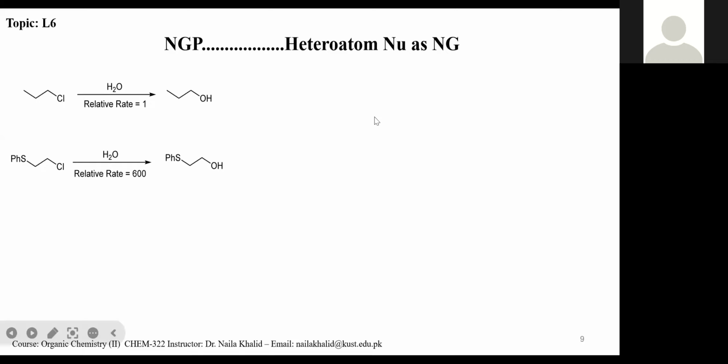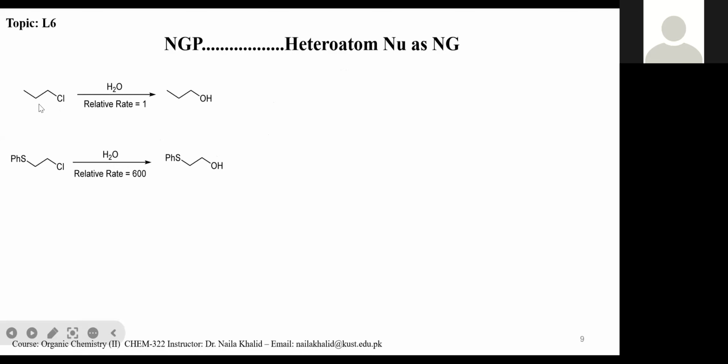Another very simple example of a heteroatom which is present near the reaction center. This is sulfur. It has an electron pair, so it can interact. So if it interacts with the reaction center, this leaves the surface, a cyclic intermediate is formed, and then nucleophilic substitution takes place.